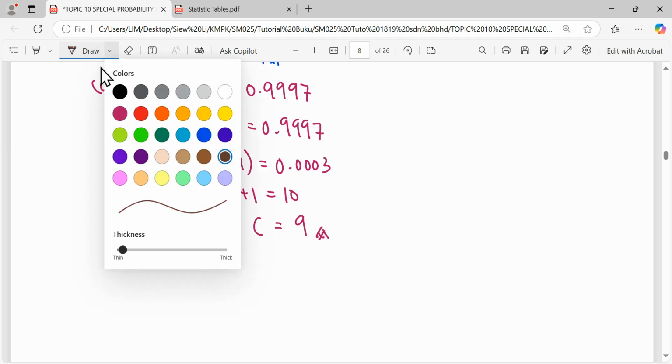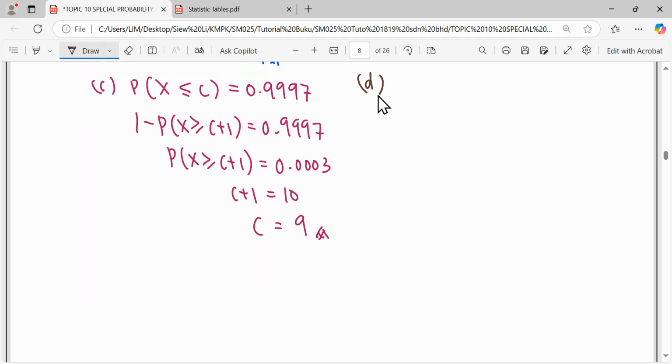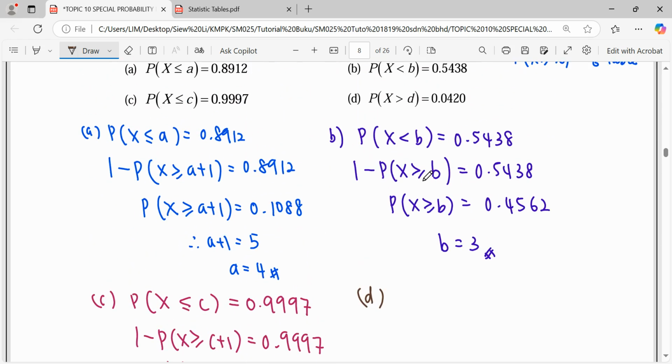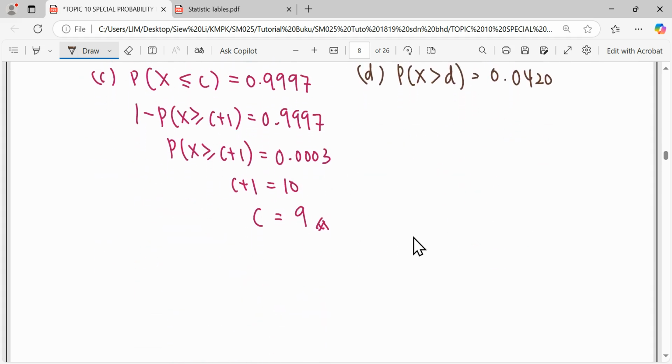And we continue with question D. Given here is the probability for the discrete random variable more than d is 0.0420. We need to figure out how to use more than or equal. If we have d, the next one is d plus 1, before is d minus 1.